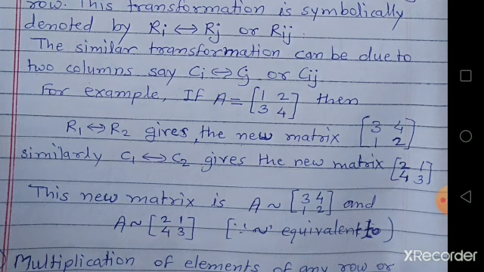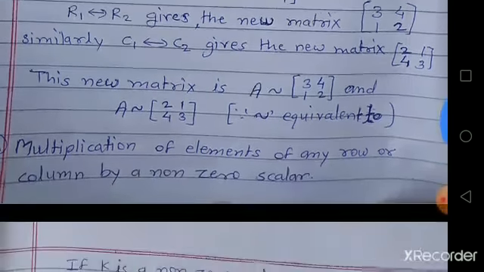Similarly, C1 interchange C2 gives the new matrix, first row 2 1, second row 4 3. This new matrix A is equivalent to first row 3 4 and second row 1 2, and A is equivalent to first row 2 1 and second row 4 3. This sign is called equivalent to.